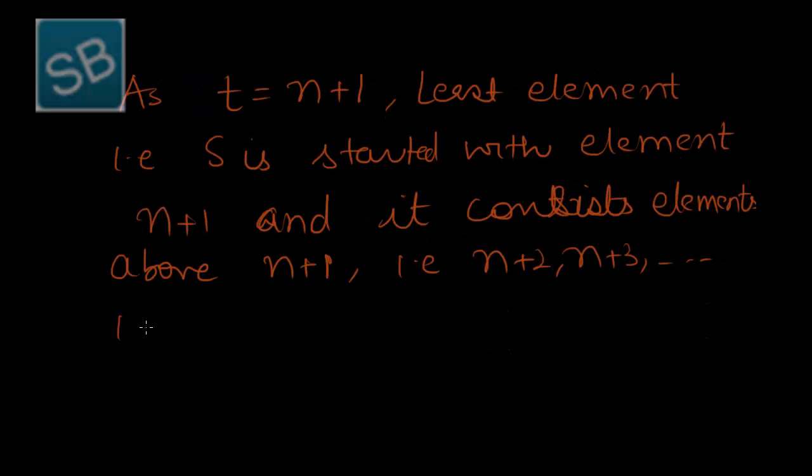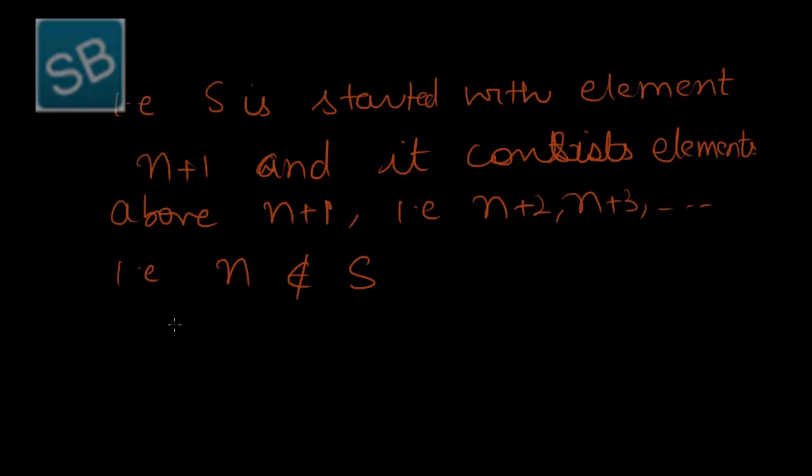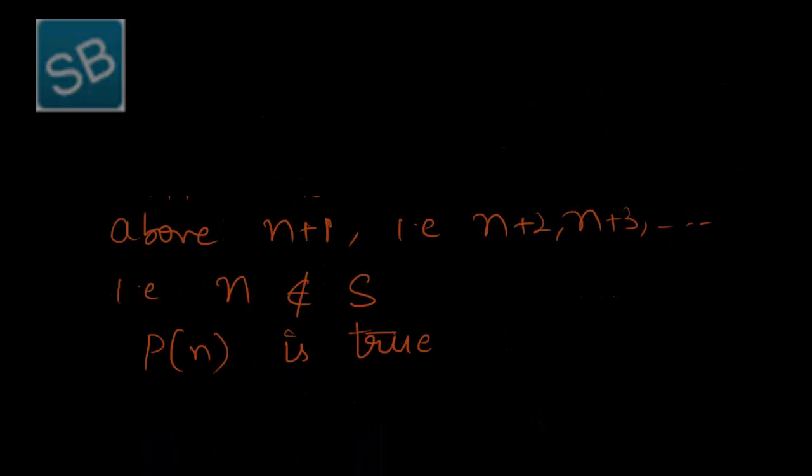That means n does not belong to S because n plus 1 is the least. As n does not belong to S, that means P of n is true. And as we know, by the principle of mathematical induction, if P of n is true, then P of n implies P of n plus 1 is also true.